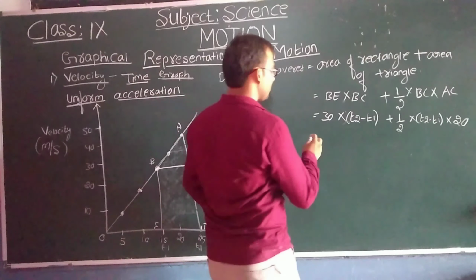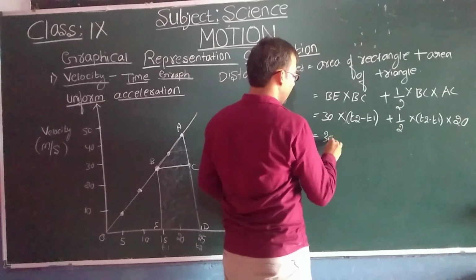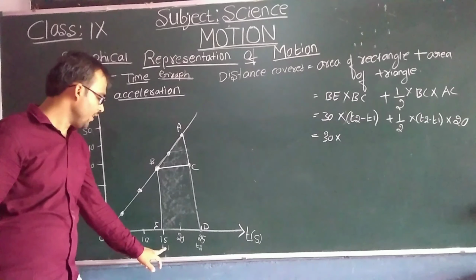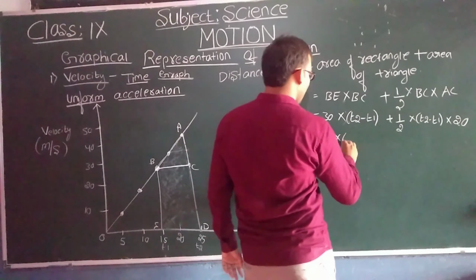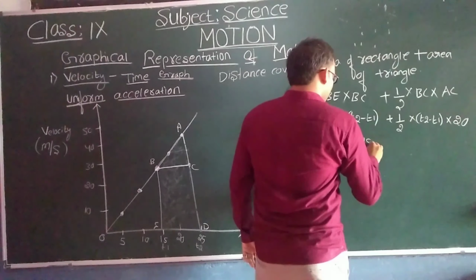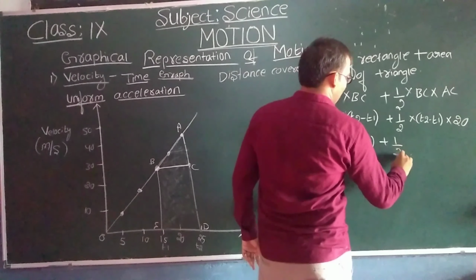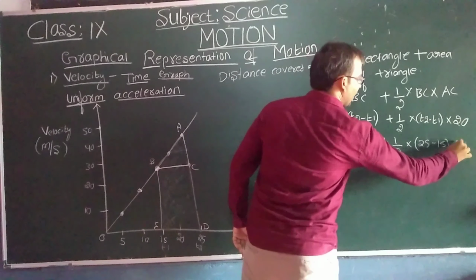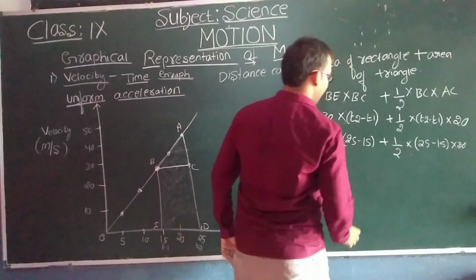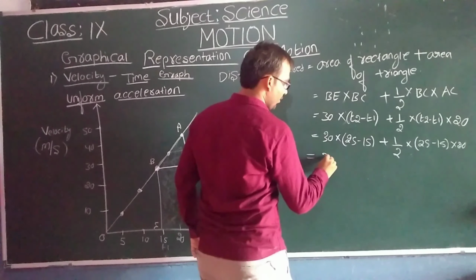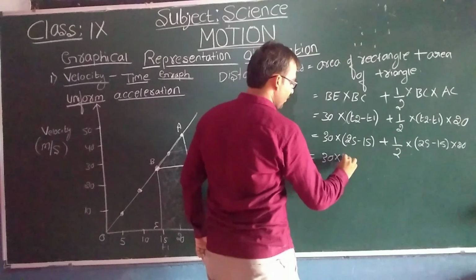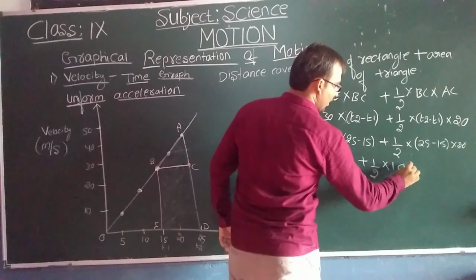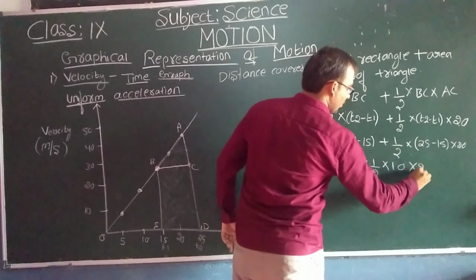So look at here. 30 into T2 minus T1. T2 is 25 and T1 is 15. Plus half into the same 25 minus 15, into 20. So now 30 into 25 minus 15, which is 10, plus 1 by 2 into again 10 into 20.